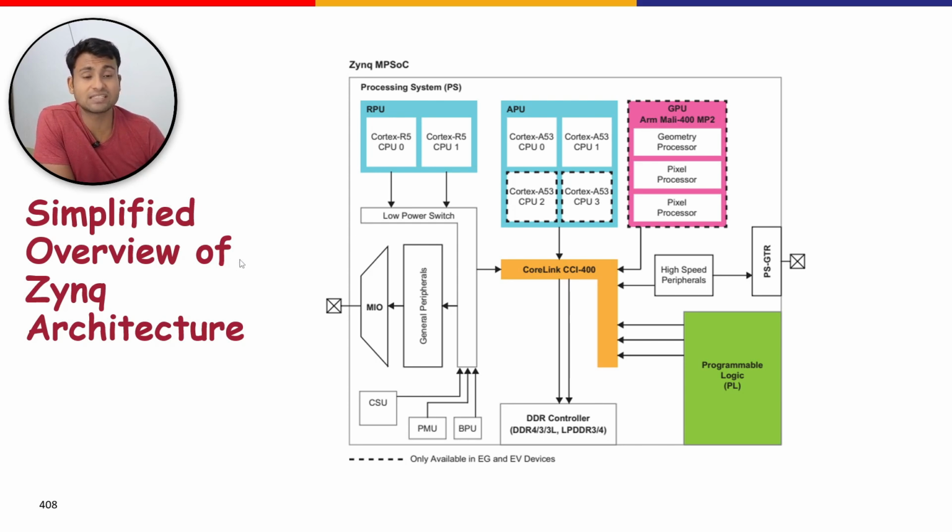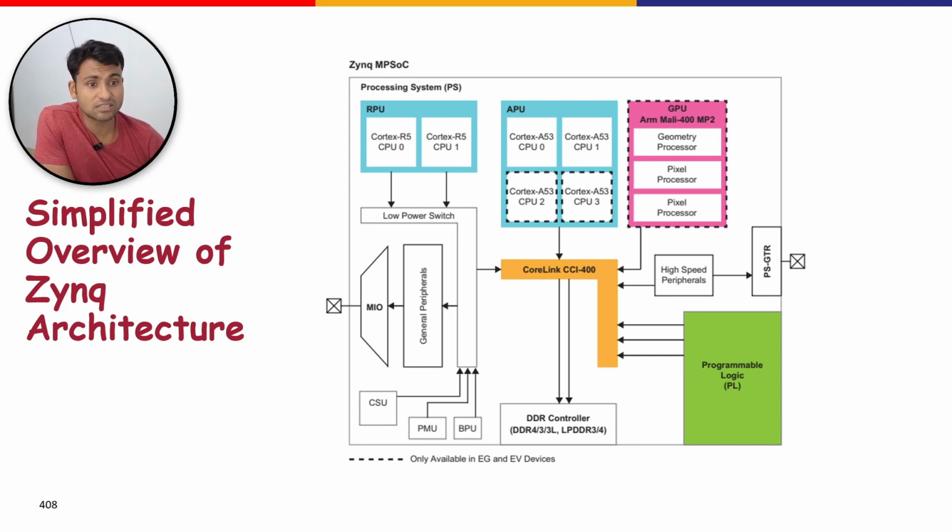And from the previous section and from the previous video, we have seen the APU, RPU, and the GPU, which you can see here, which is quite easily identifiable in this diagram. So each processing unit is connected to an interconnect which is known as the cache coherency interconnect (CCI), and the CCI is a helpful addition to the PS architecture and allows the processors to share tasks and data between one another dynamically.